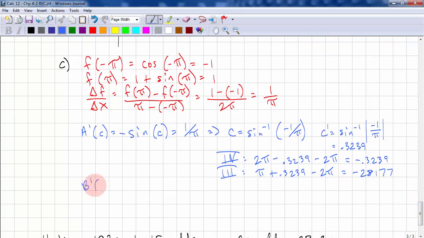Okay, for the second interval, we're looking for cos C equal to 1 over pi. We get C equals inverse cos of 1 over pi. And we find that C prime equals 1.2469.